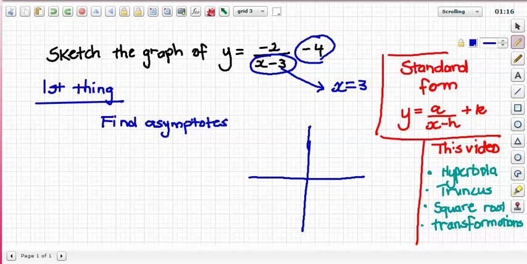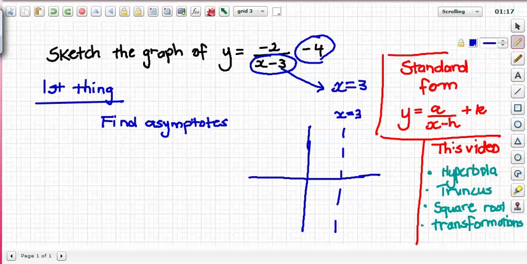The asymptotes are, and these are the sort of things you can rote learn, x minus h, h in this case is 3. So at x equals 3, we can never actually approach that point, because otherwise negative 2 on 0 is undefined. That's the first thing we'll draw: x equals 3.